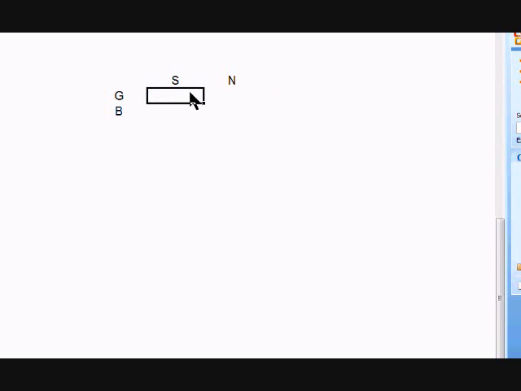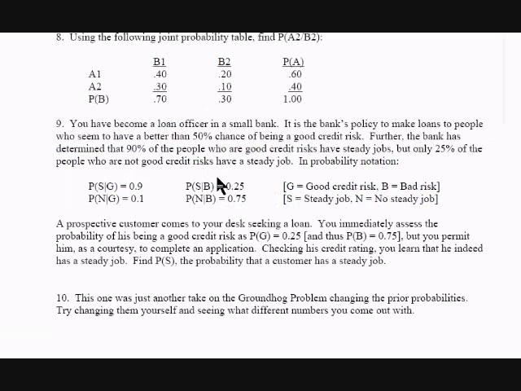It said that our probability of steady job with good credit is 0.9, and our probability of steady job with bad credit is 0.25. Probability of no steady job with good credit is 0.1. Probability of no steady job with bad credit is 0.75.